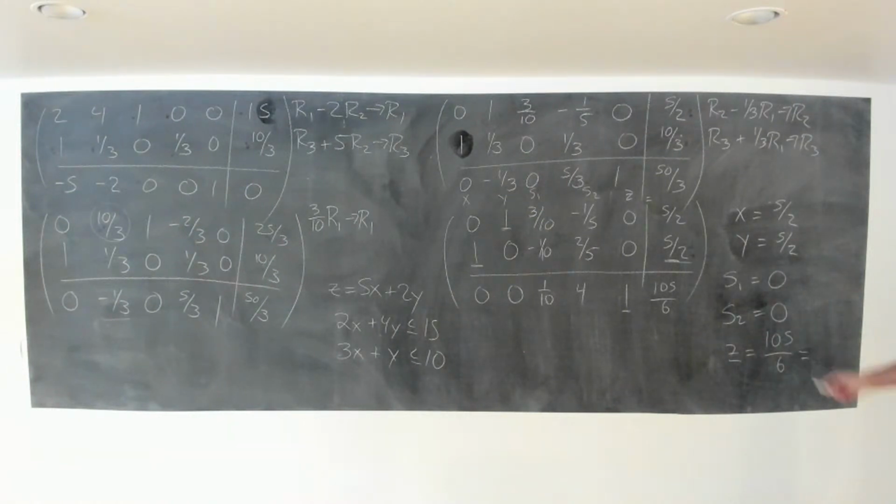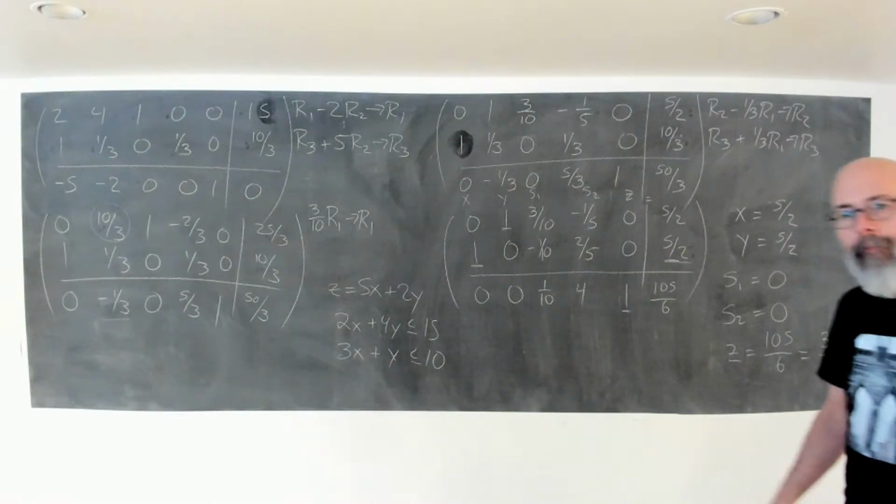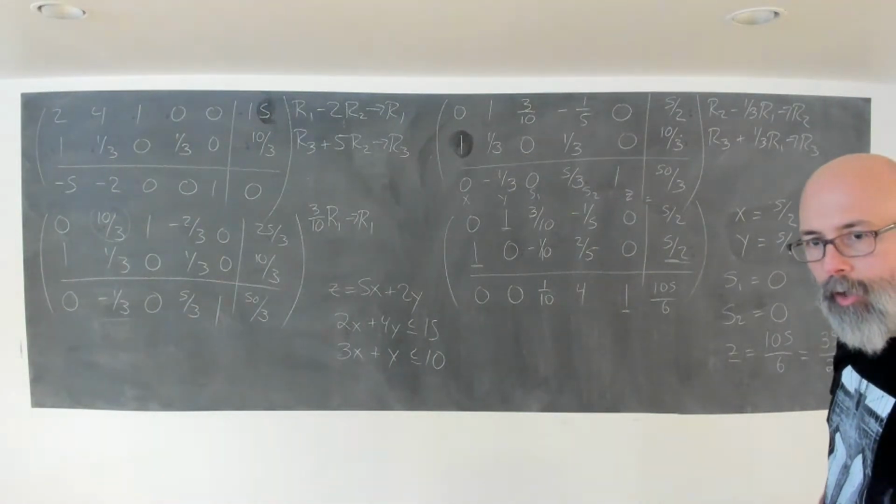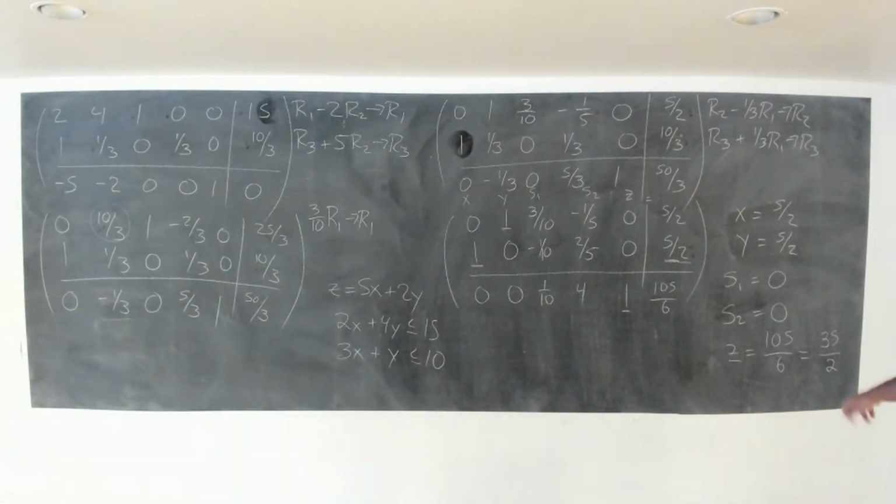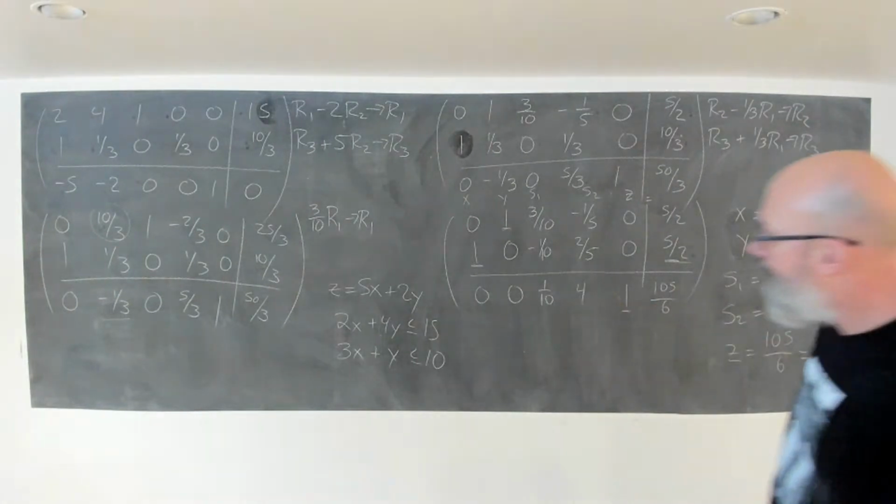So 3 times 35. So this is really 35/2. Should the 4 be 8/5? Yeah, I think we'll be fine. We'll see.